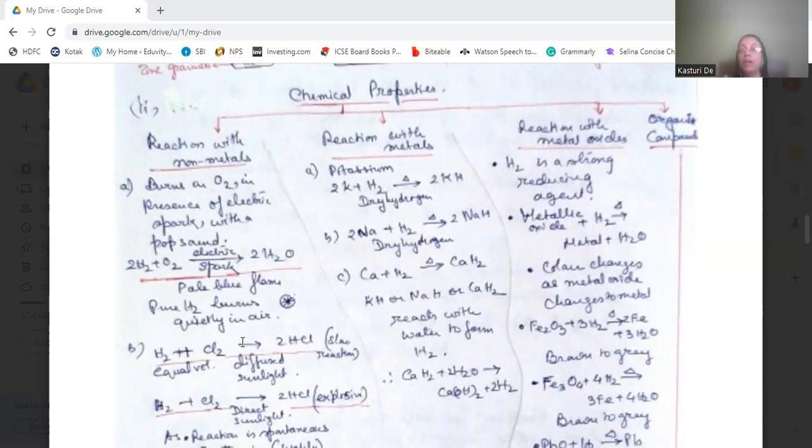Again, equal volumes of hydrogen combine with equal volumes of chlorine in direct sunlight, then the reaction becomes explosive. Again, hydrogen chloride is formed, but the reaction is explosive. Only in diffused sunlight is the reaction slow, but in direct sunlight, this reaction becomes explosive.